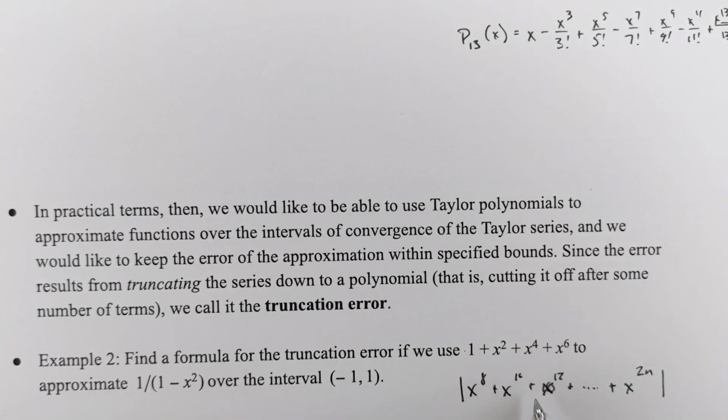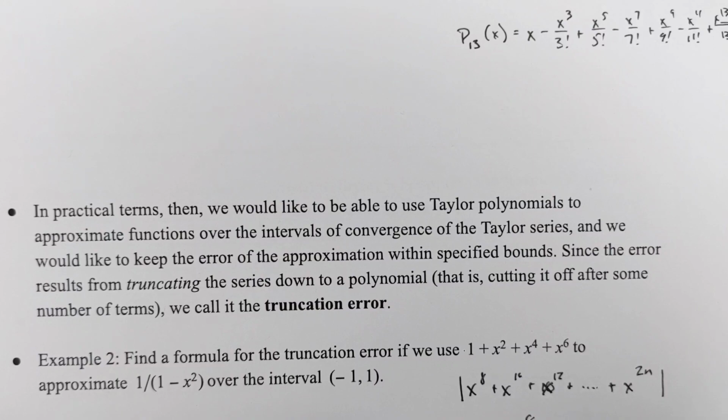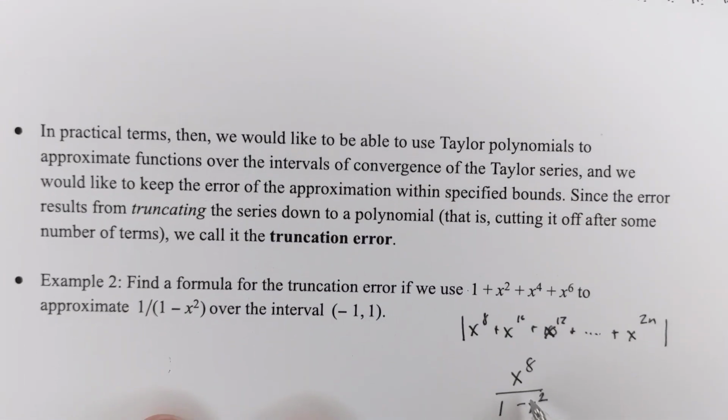Now, this is a geometric series. Each term is x squared times the previous one. So to find what this converges to, it's the first term divided by 1 minus the value for r, which is x squared. So this is a formula for the truncation error of this.